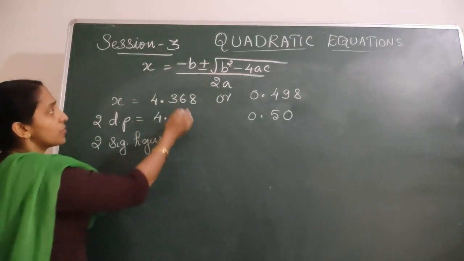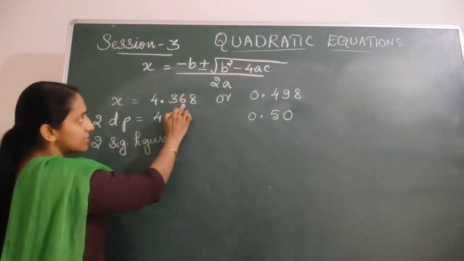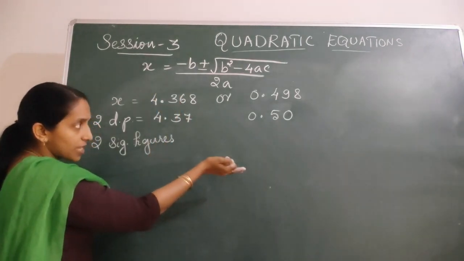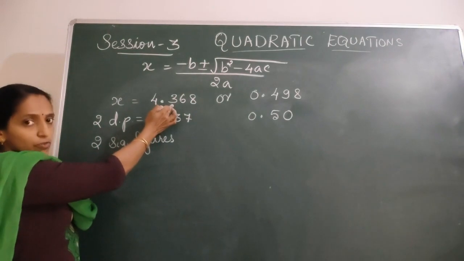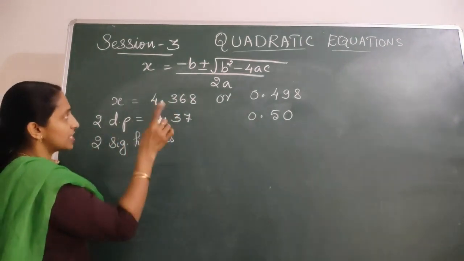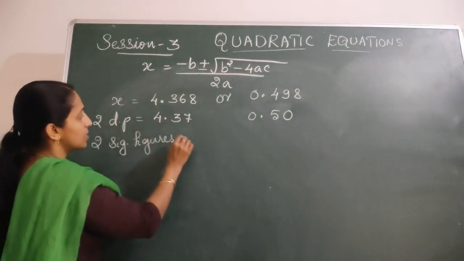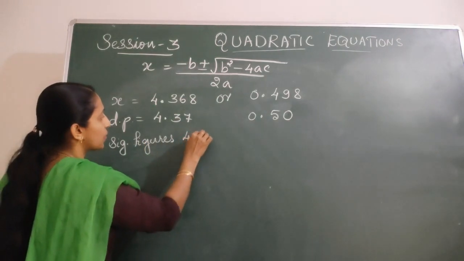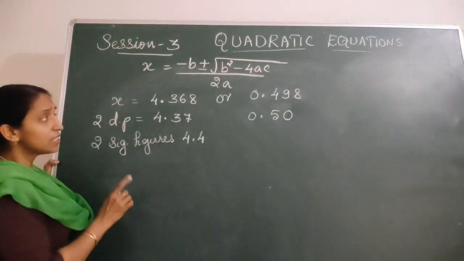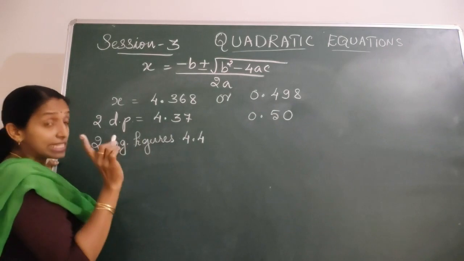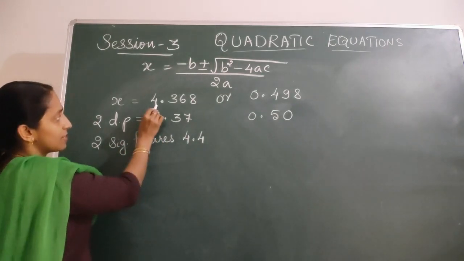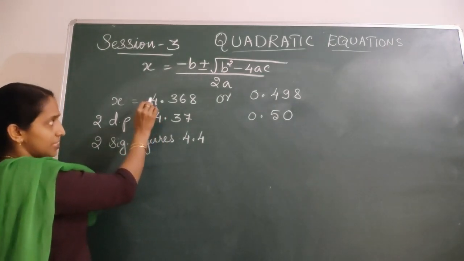Then also you have to see the third digit, and if it is more than 5 you have to increase 1 here. So corrected to two significant figures, the same question you will get as 4.4. Did you understand? Two significant figures. So significant figures start from the beginning itself if it is a number.